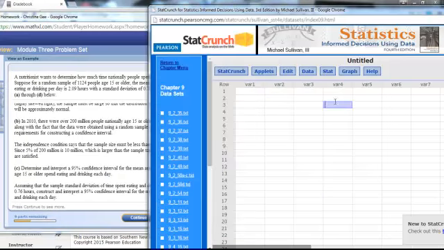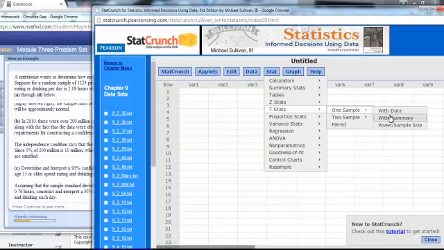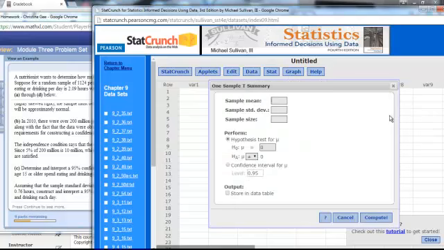So we can go right into StatCrunch, and because this is a confidence interval for means, we're going to go into Stat and then into T Stats, since it's for means and t-statistics. Then we select summary data.